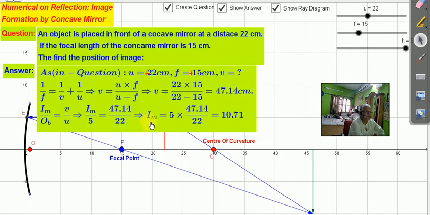So this way you can calculate the height of the image, and that is all about the calculation.